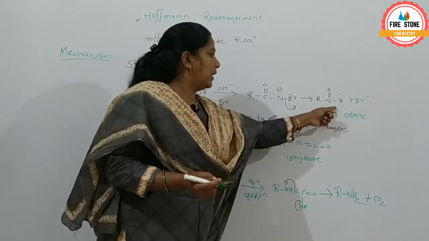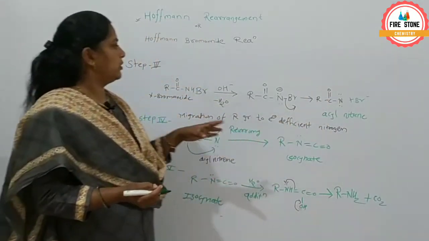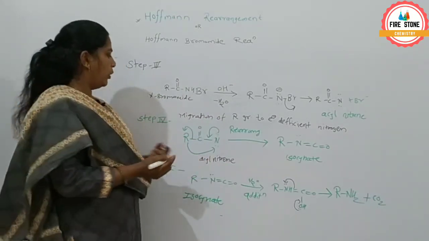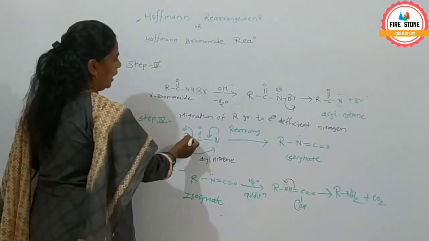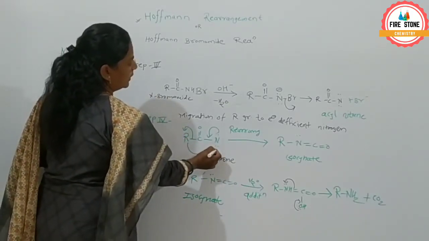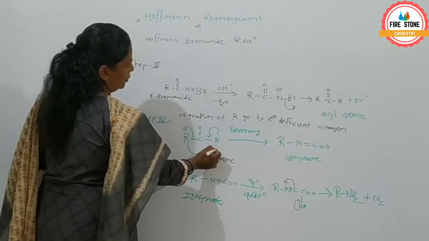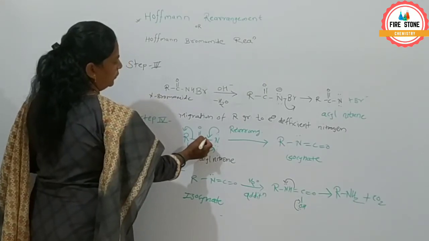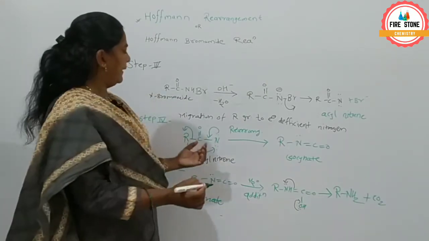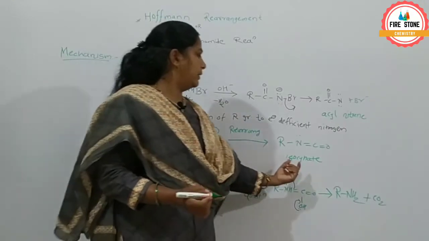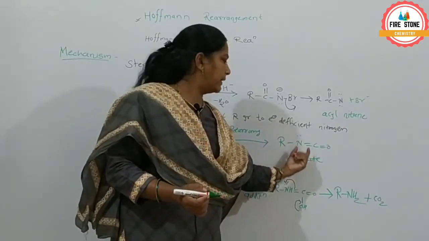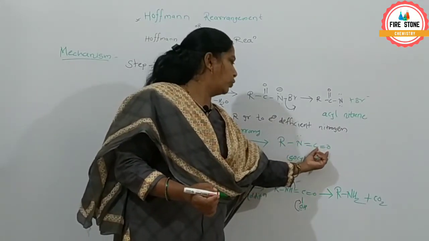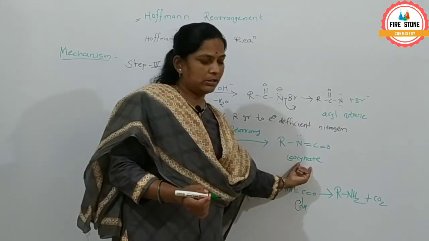On rearrangement the R group migrates to this electron deficient nitrogen and the lone pair shifts, we get a double bond, and we get the compound isocyanate, that is RN double bond C double bond O.